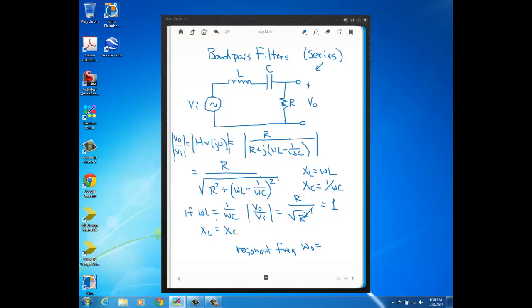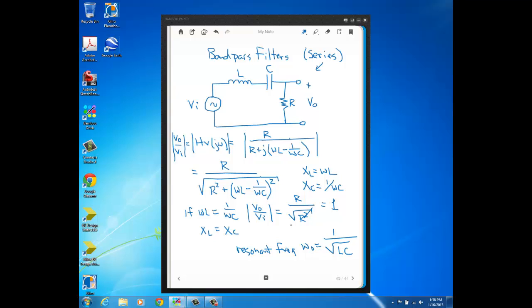And if you would just solve for omega in this equality here, right, bring the omega up here, bring the L down here, then square root both sides, well, you come up with this expression for our resonant frequency. Let's start over again with that. Yeah, so resonant frequency is 1 over the square root of LC.